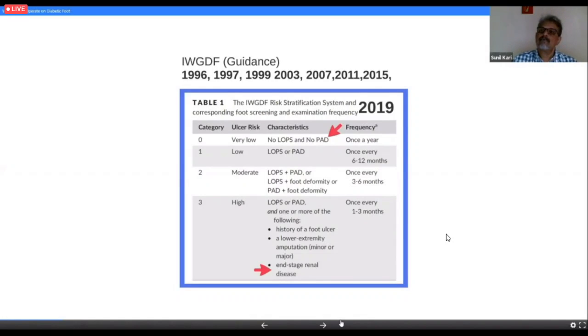And the renal foot, end stage renal disease, has been included as straightaway high risk, because all these people with CKD have high risk feet. So they have to be screened or examined meticulously every month.